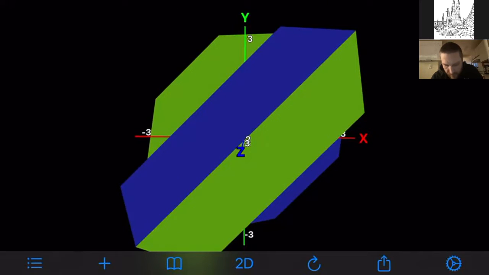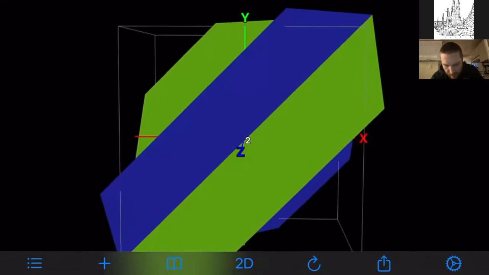I'm going to try to zoom in and see if that makes it any more clear.